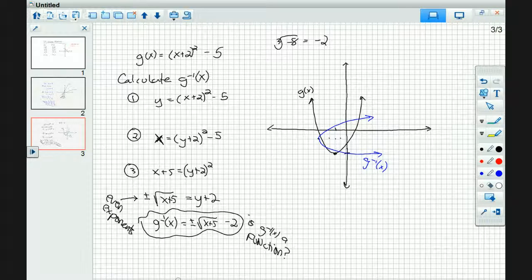Is g inverse a function? It does not pass the vertical line test, right? So this is not fine. It doesn't pass the vertical line test.